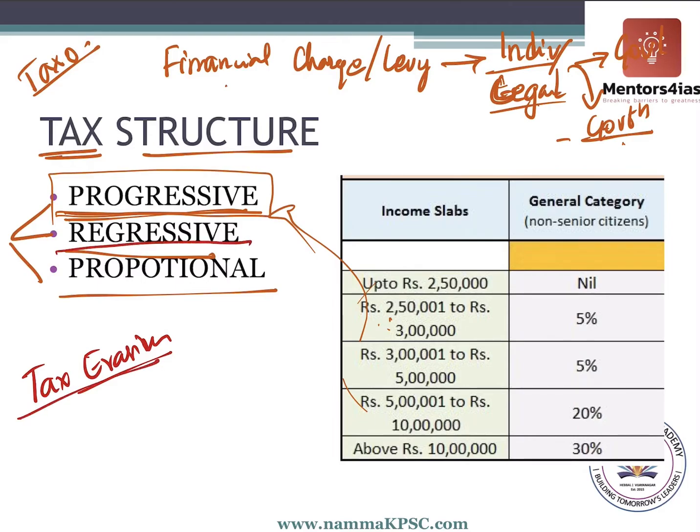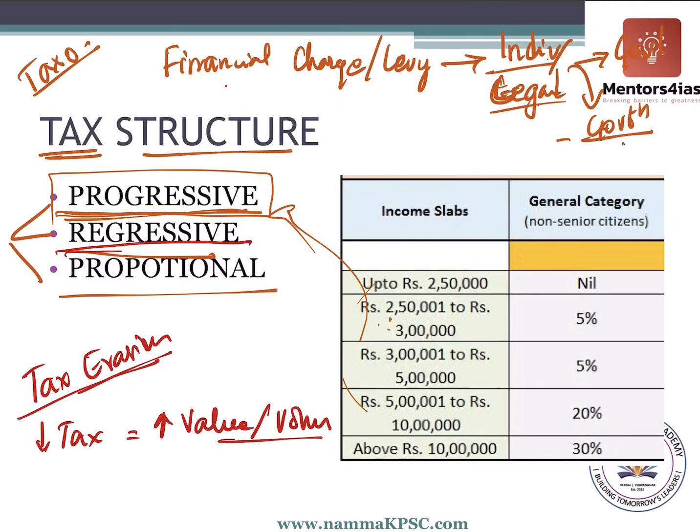Next is regressive tax. This is the opposite of progressive tax. That means here the tax rate decreases with increase in value or volume. For example, if you earn more, you will have to pay less tax.